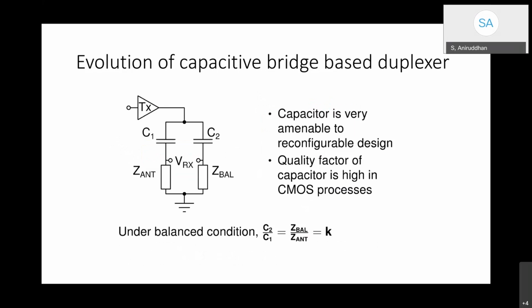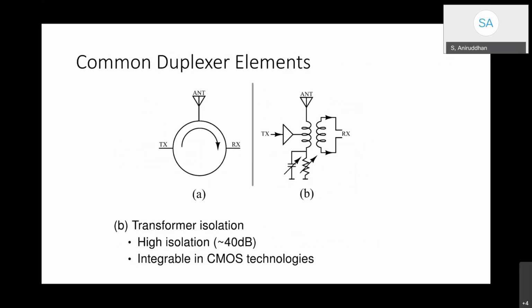In this specific work, we have used a capacitive bridge-based duplexer. Now, as I pointed out, fundamentally, the cancellation is narrowband. I'll go back to the hybrid transformer because that is important here. In the case of the hybrid transformer, the isolation is fairly narrowband, and tuning it requires tuning at the fourth port.